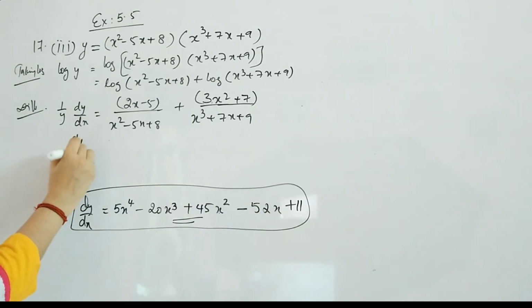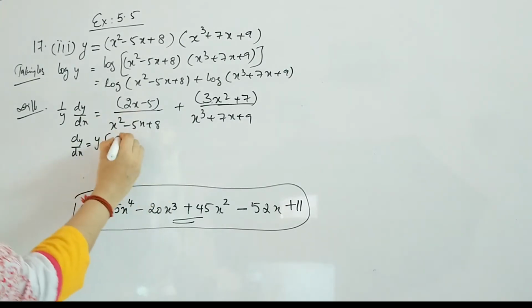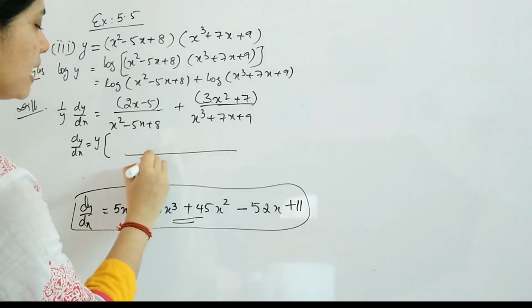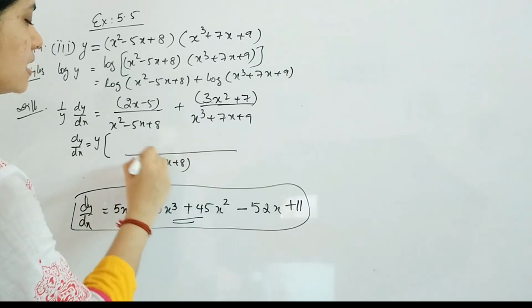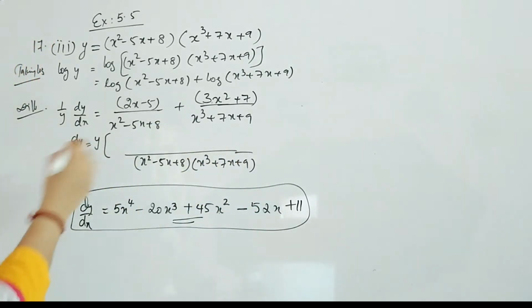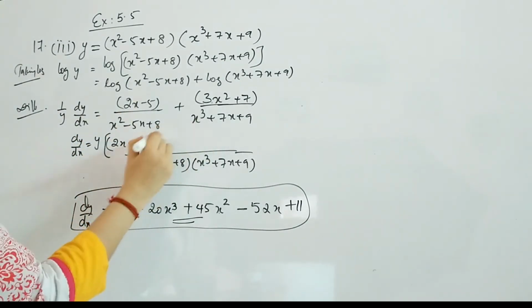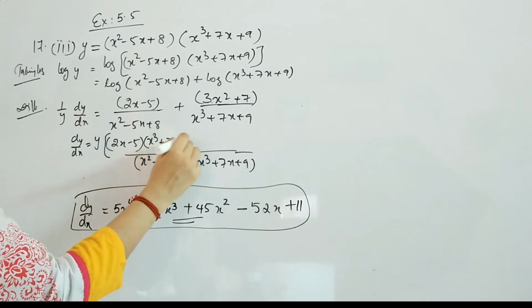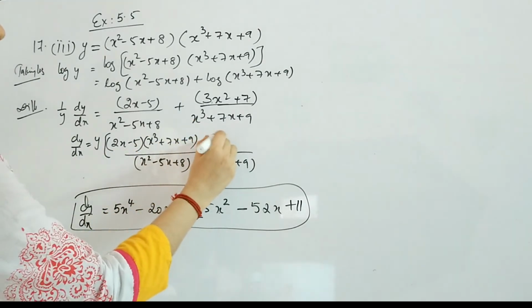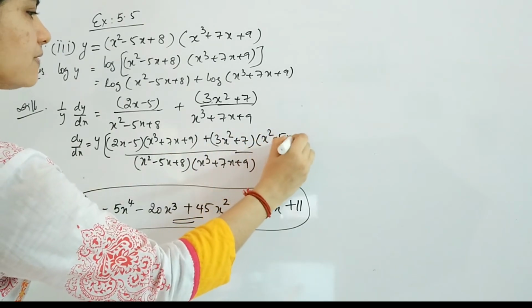Now dy by dx will give you what? Y into, and after taking LCM you will get the denominator to be x square minus 5x plus 8 into x cube plus 7x plus 9, and here you will get 2x minus 5 into x cube plus 7x plus 9 plus 3x square plus 7 into x square minus 5x plus 8.